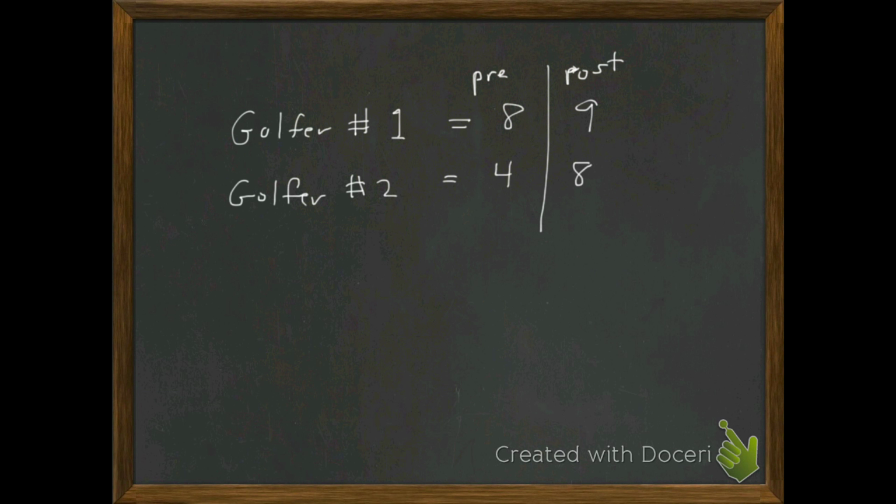Now, if we looked at this comparison in isolation of this information, it would appear that my 2-day training program worked best for the first golfer because they ended up with the highest score.